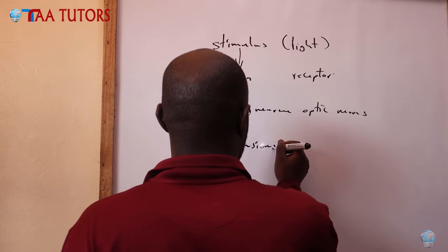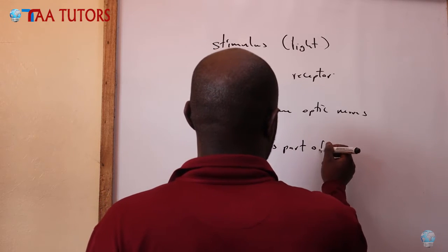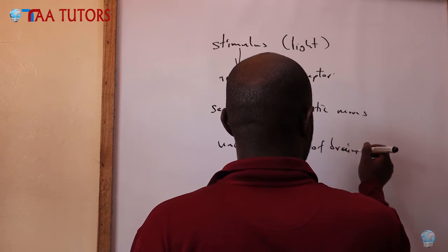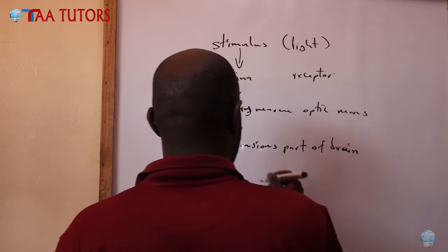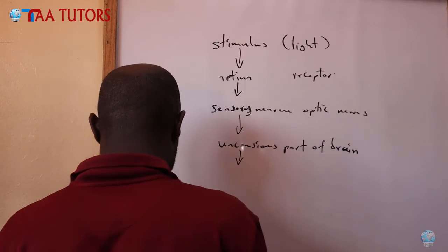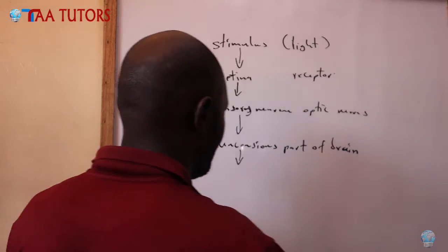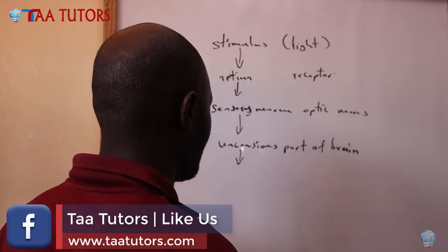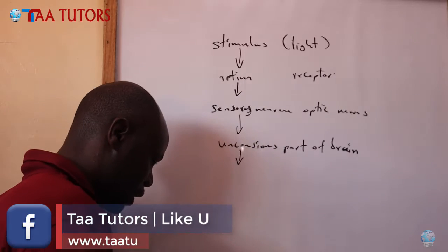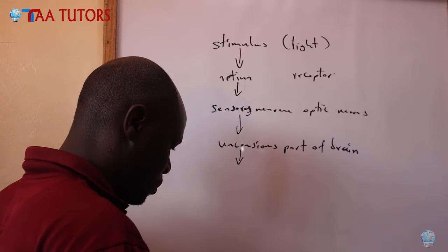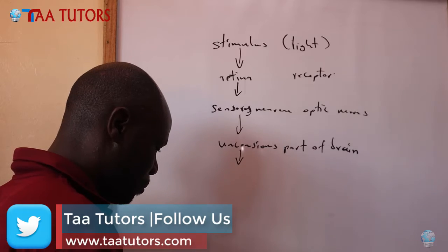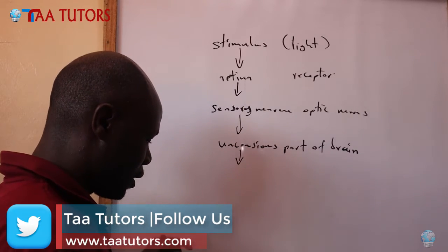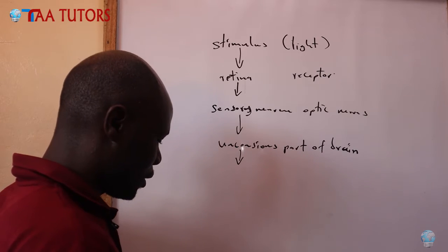We are going with this information to the brain so that it is coordinated, so that we can interpret it and understand what's happening, how the image is going to be formed in the right, upright way. So that is what happens there. From here, we are taking the information by the motor neurons.